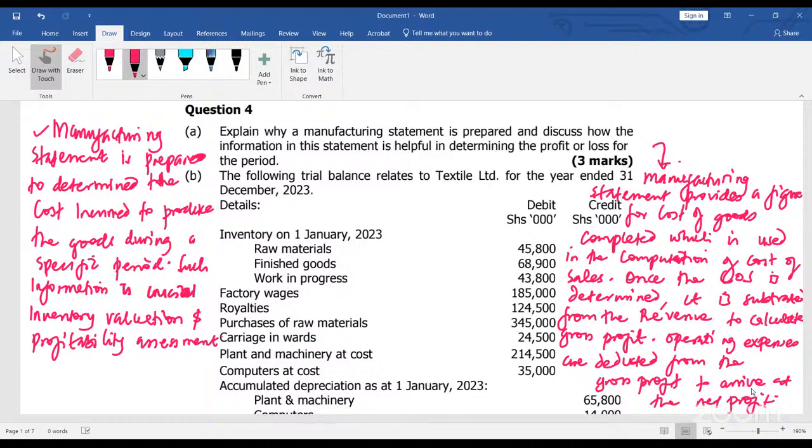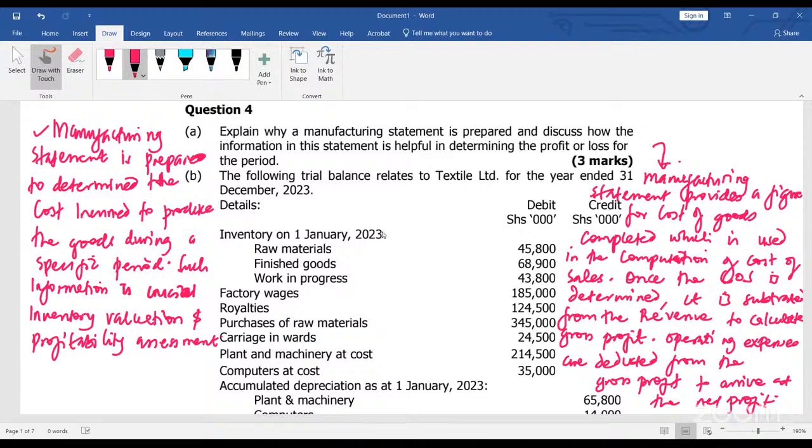So now let us go to part B where we have the numbers. The following trial balance relates to Textile Limited for the year ended 31st December 2023.